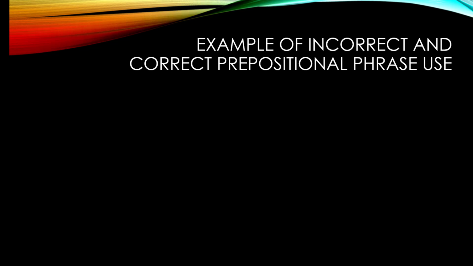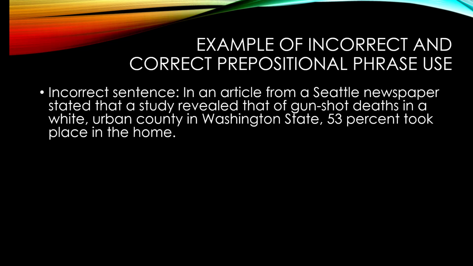Here are some examples because you're probably thinking you have no idea what I'm talking about. In an article from a Seattle newspaper stated that a study revealed that of gunshot deaths in a white urban county in Washington state, 53% took place in the home. In an article from a Seattle newspaper stated. In an article can't state. An article can state, but in an article can't.